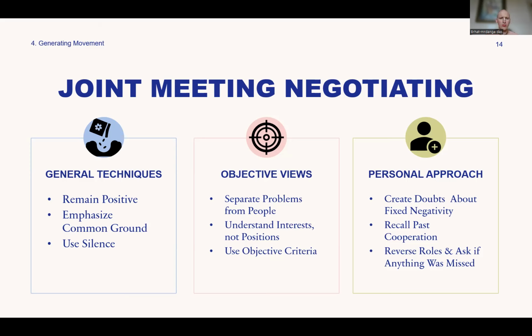The example I give is that there's only one orange left in the kitchen, and both kids want the orange. So their position is they want the orange. But when we understand the interests, one of them wants the orange to make juice. The other wants the orange to use the peel in a cake recipe. So if their interests were clearly stated, the solution is obvious.